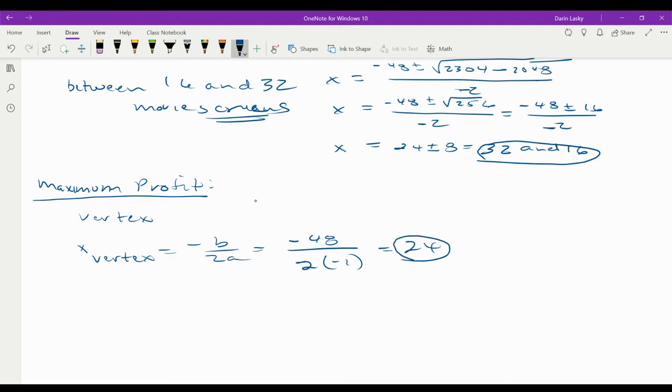So the x value of my vertex, hint, hint, look at that, is 24. Those are the same number. So I know my maximum profit occurs at 24 movie screens.